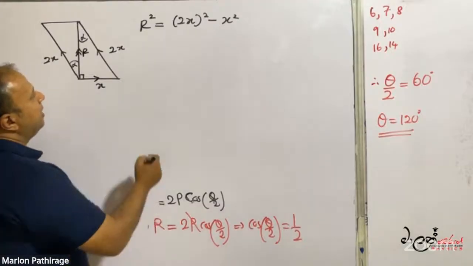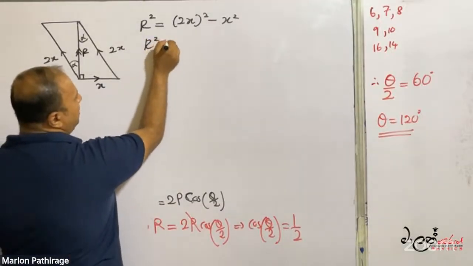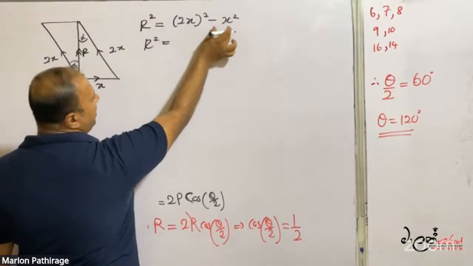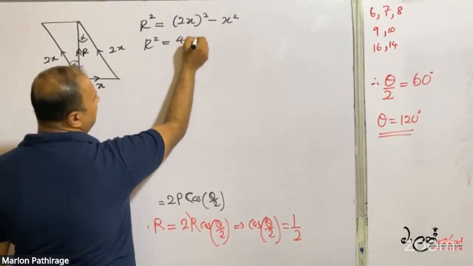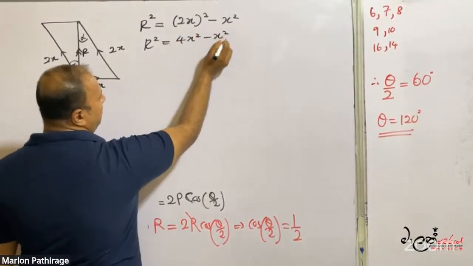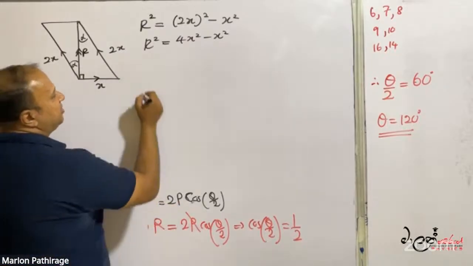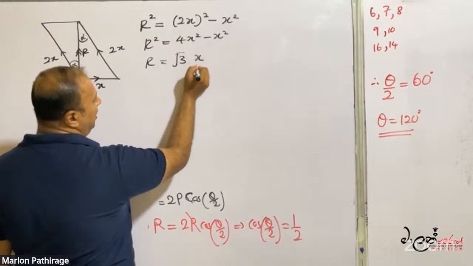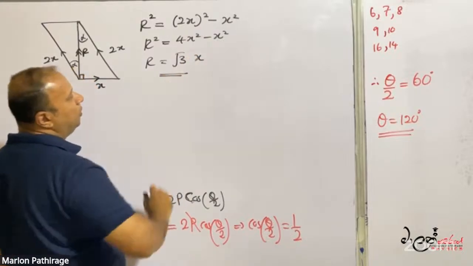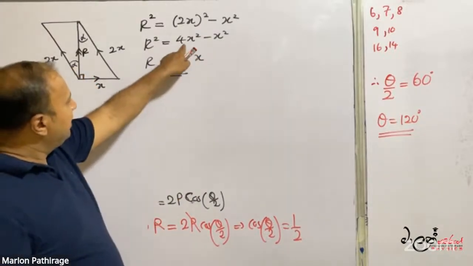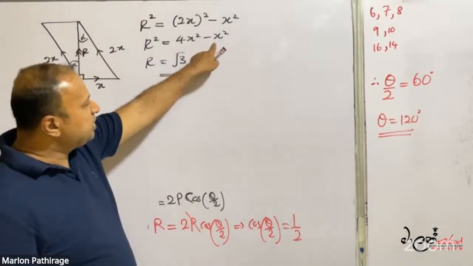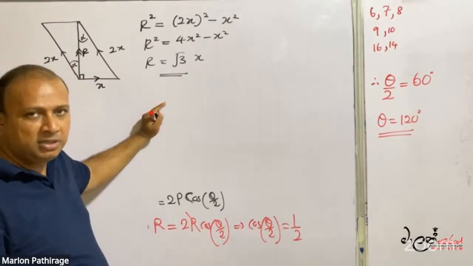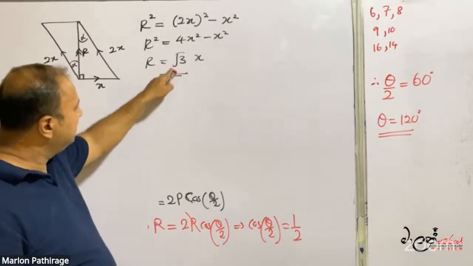Therefore, R squared is equal to 4x squared minus x squared, that means 3x squared, that means R is equal to root 3 into x. Because if you subtract these two, it is equal to 3x squared. Then if you take the square root of 3x squared, it means root 3 x.